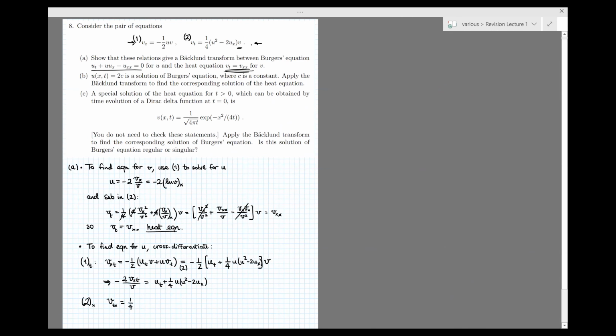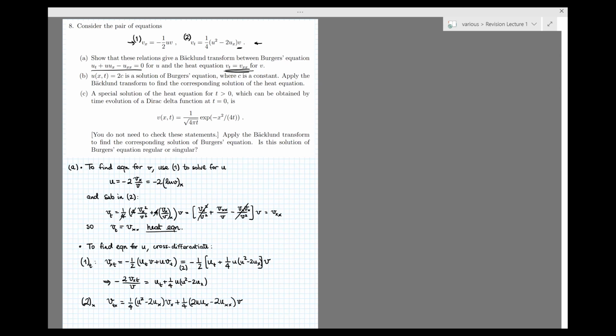Let's first differentiate V. So I'll get 1/4 (U squared minus 2Ux) times Vx. And then I differentiate the bracket. So I'll get plus 1/4 (2UUx minus 2Uxx), which multiplies V.